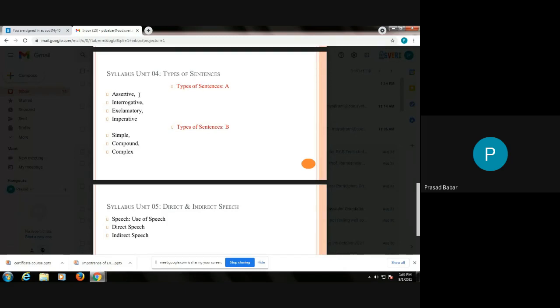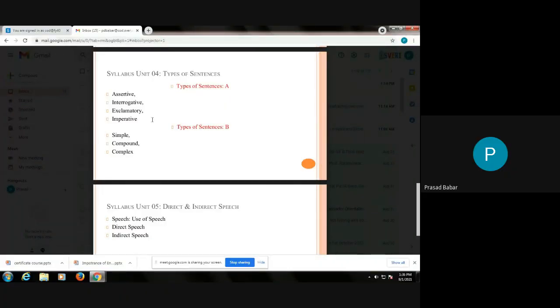Assertive means what? Vidhanarthi. Interrogative means in Marathi prashnarthi. Exclamatory means udgarvachak. And imperative. So these four types of sentences we will study in section A.